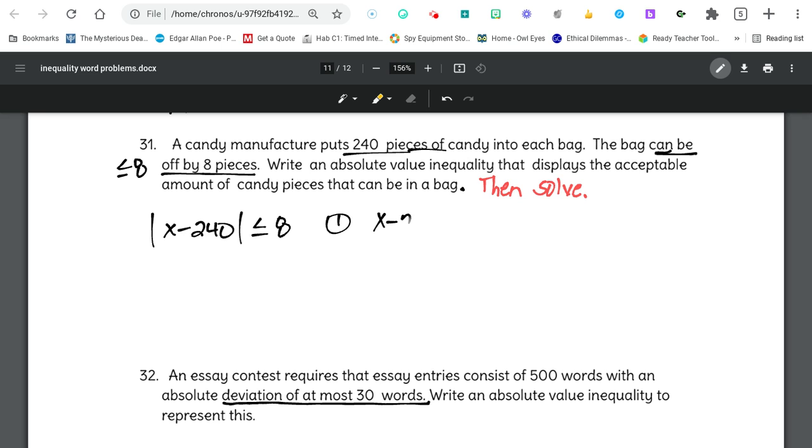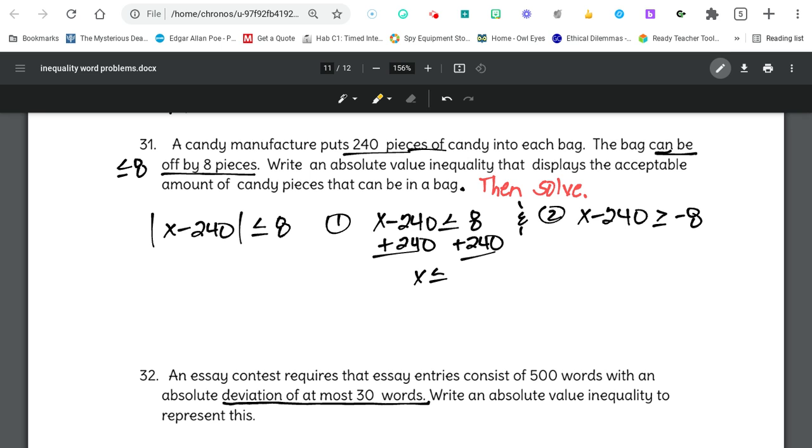Set your two inequalities up, and I know you can solve this without the inequality, but we're practicing creating inequalities, okay? Flip your symbol, change your sign. Add 240 to both sides.